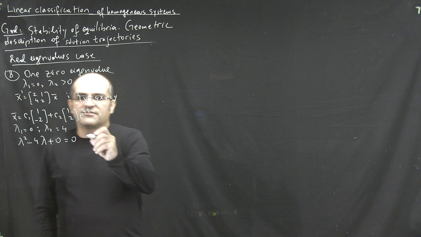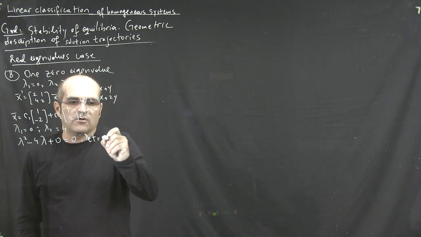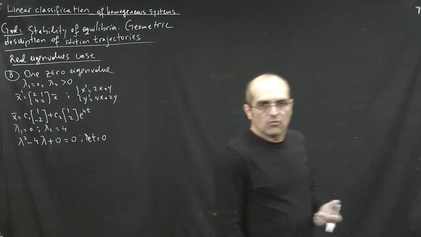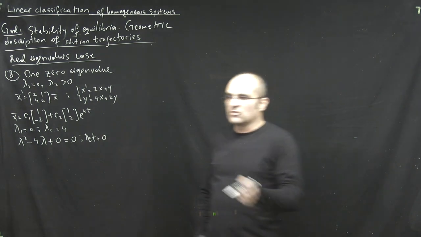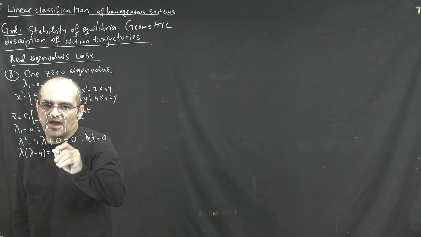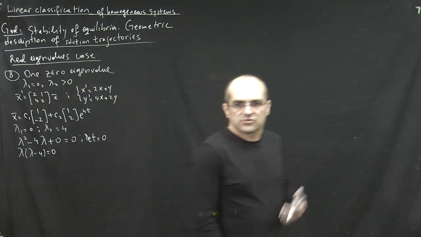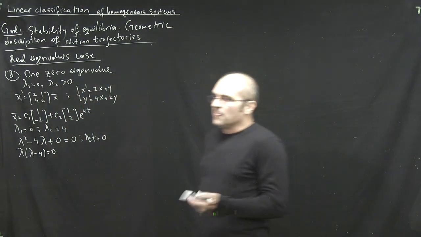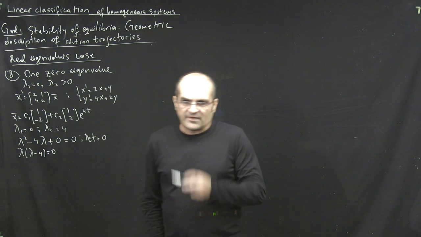So only if the determinant is equal to 0 would you have one or two zero eigenvalues, because only in that case you could pull out lambda as one of the factors in the characteristic equation, and therefore you have one zero eigenvalue.